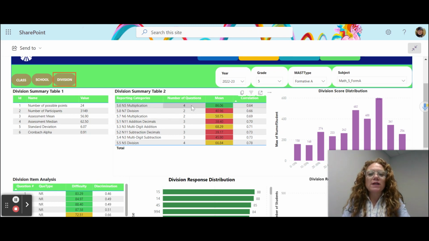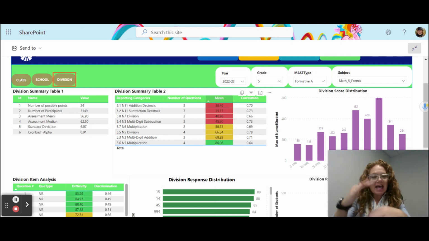There are 4 questions for that particular outcome, and the mean for those questions within the division was 86.06. Okay. For division outcome number 7, we had 2 questions, and the mean for the division was 40.96. Now, we can sort this just by going to the mean and clicking on that lovely little arrow, and it sorts it a little bit nicer for the eye.